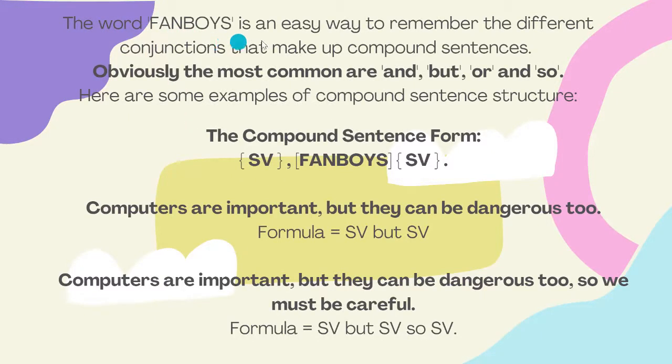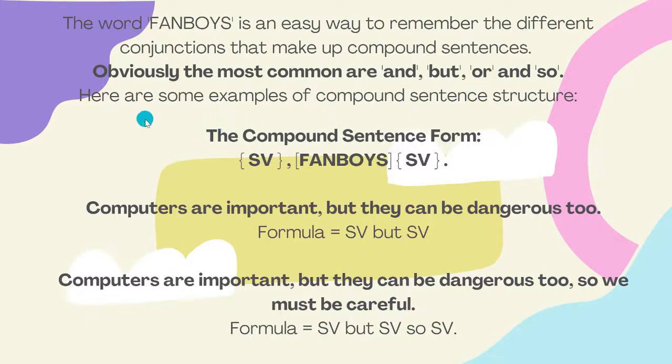The word FANBOYS is an easy way to remember the different conjunctions that make up compound sentences. Obviously, the most common are and, but, or, so. So as we know here, FANBOYS is an easy way to remember the different conjunctions, but the most common in usage are and, but, or, and so.